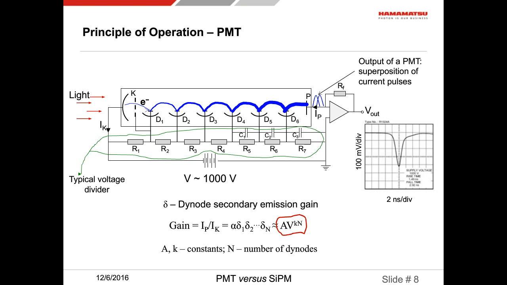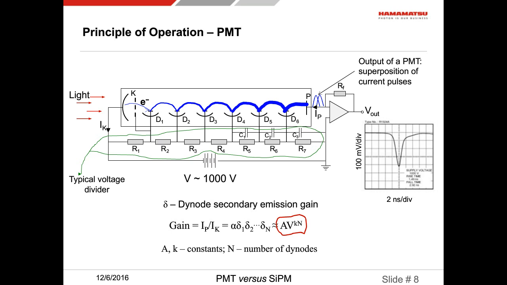As the electron moves towards the dynode, it gains kinetic energy, reaching about 100 electron volts or so. It strikes the dynode, and in response, the dynode may emit some number of electrons, 2, 3, 4, typically on that order. This process is known as secondary electron emission.